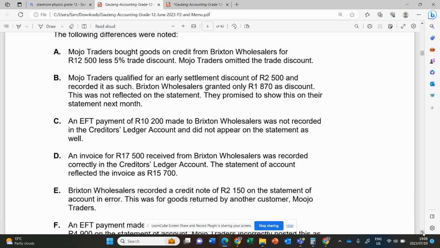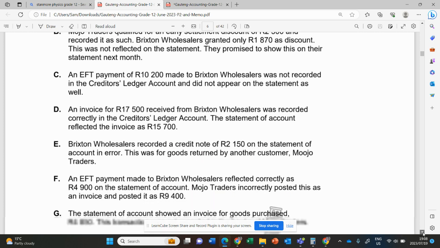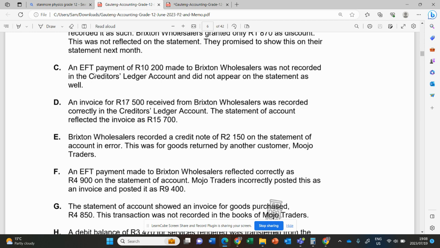Going to information C. An EFT payment of 10,200 made to Bryanston, our supplier, was not recorded in the creditors ledger account and did not appear in the statement as well. So now, we made a payment to our supplier and it was not recorded at all.